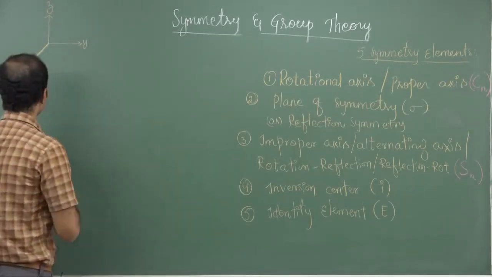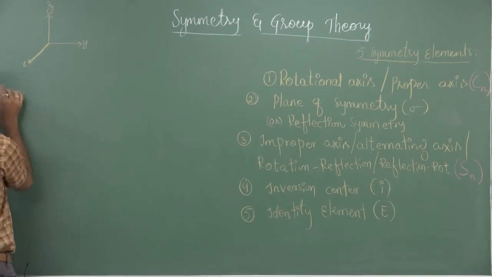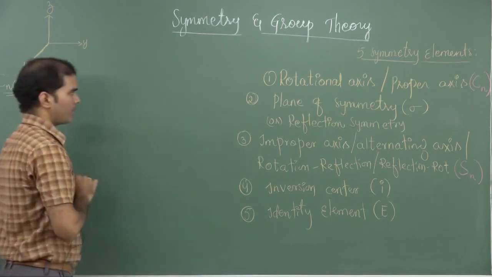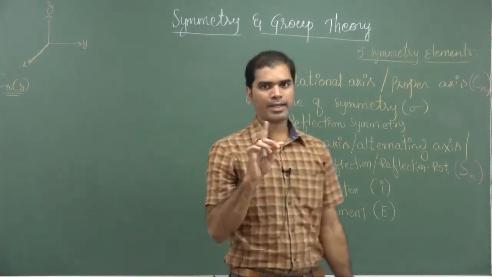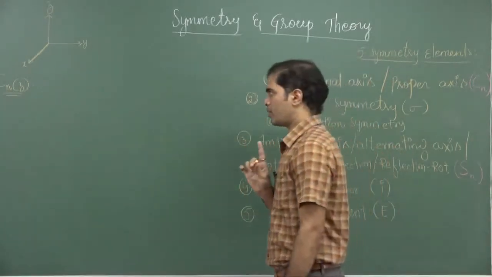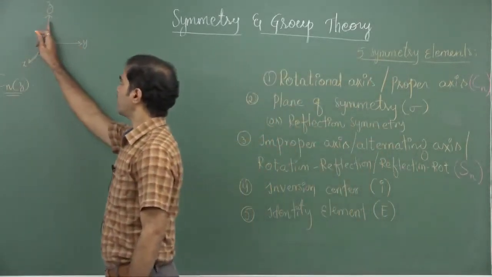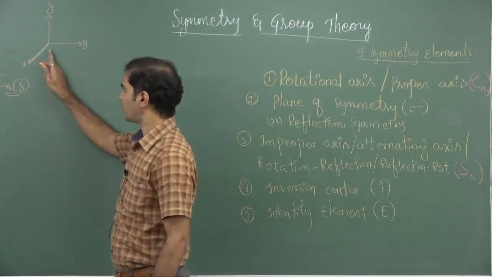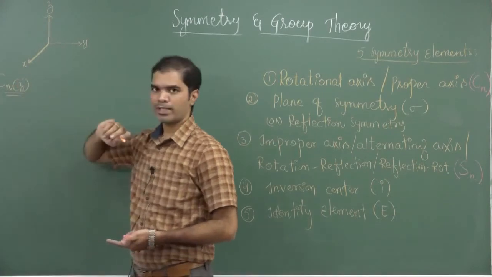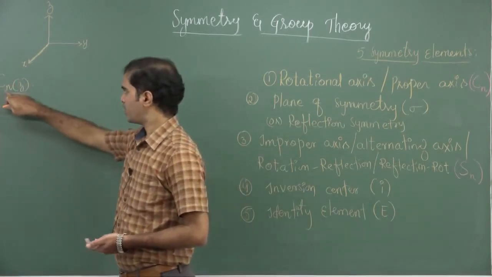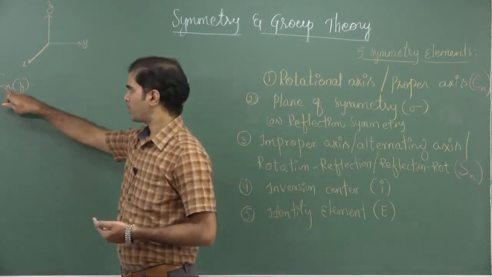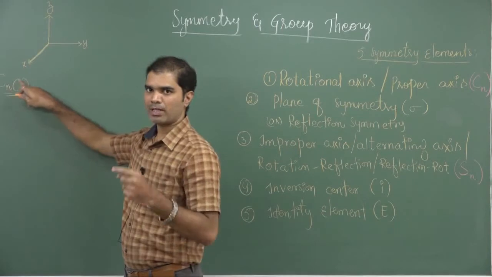Now let me start with Cn. What does Cn mean? It is a rotational axis of symmetry, and by convention you can rotate along the z coordinate, the y coordinate, or the x coordinate. So whenever we define Cn with z in brackets, that simply means you are rotating the molecule along the z axis.